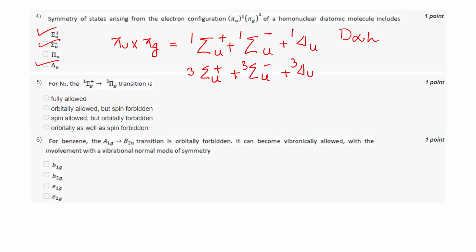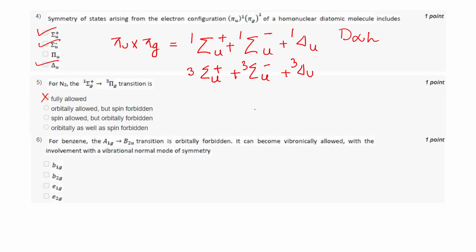Now question number 5. For N2, again a homonuclear diatomic molecule, D infinity h. We have N2, singlet sigma g plus to triplet pi g, right? Firstly, this is not fully allowed, it is spin disallowed, spin forbidden, right?